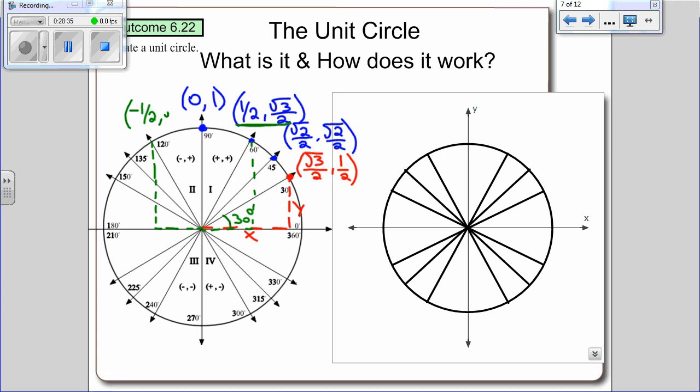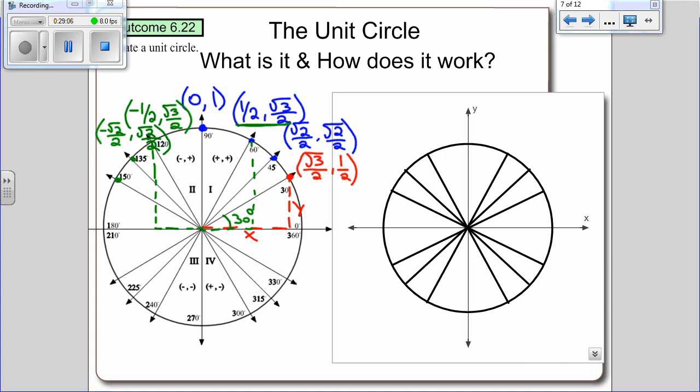If we did the other one, it would be the same idea. So it would be this triangle that used to be 45. Now it's in the other quadrant, so we would have -root 2 over 2, comma, root 2 over 2. And our third point out here would be -root 3 over 2, comma, 1 over 2.